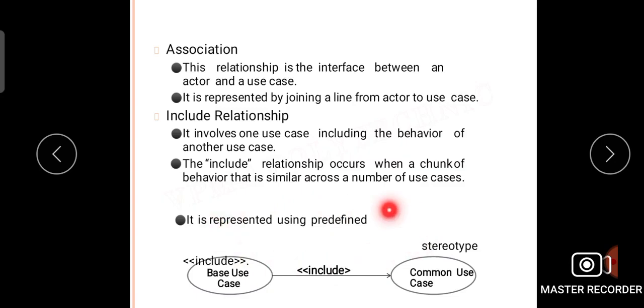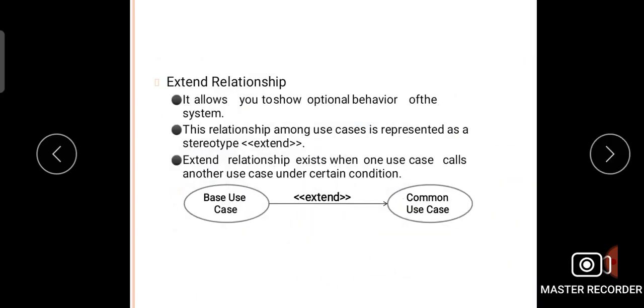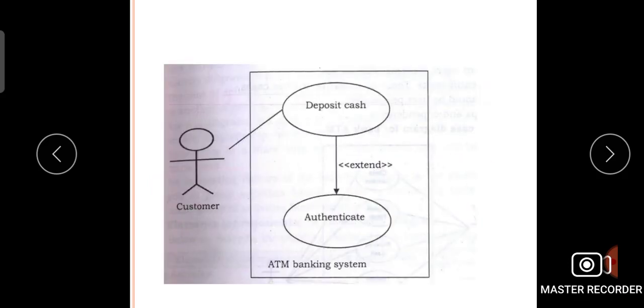Include is denoted by this type of arrow, and extend is denoted by this type of arrow. Here one is a base use case, which is our common use case, and this is the example of extend.